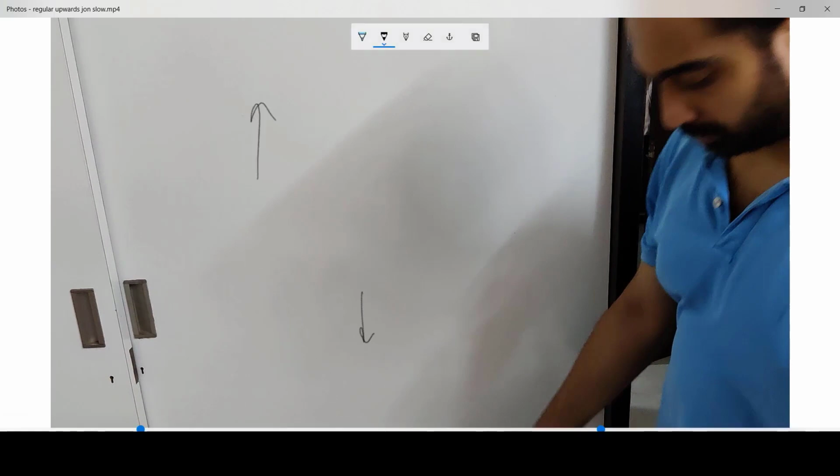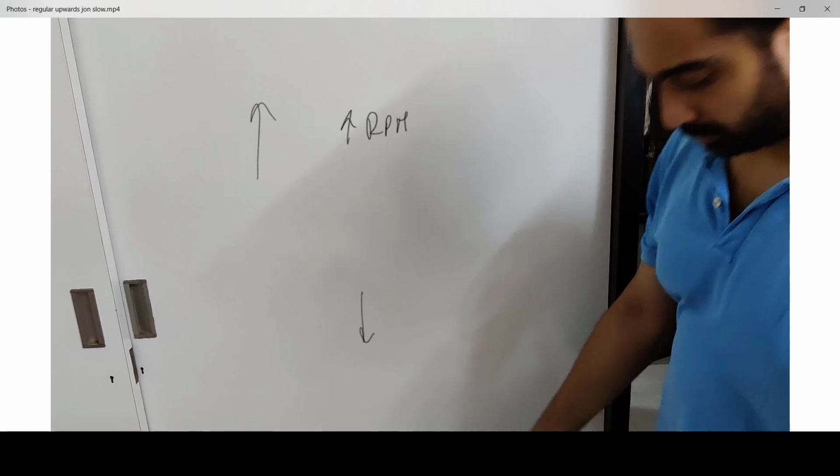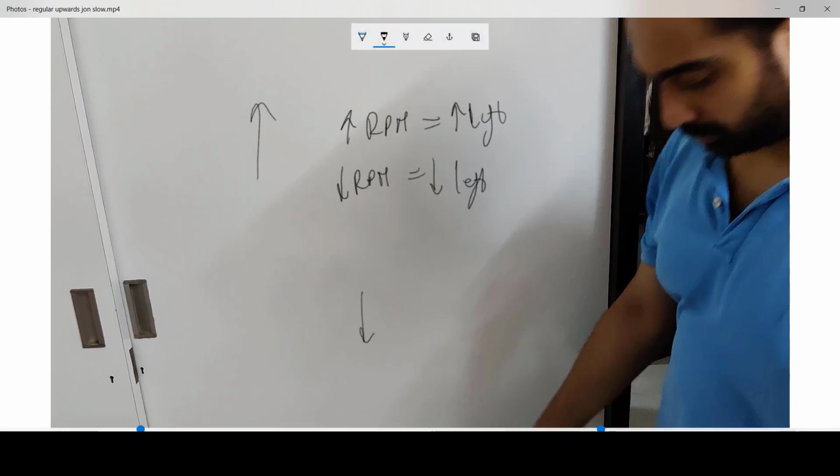And this basically proves this concept that a higher RPM equals more lift and a lower RPM equals less lift. Now this is a very simple concept you need to understand when it comes to propellers, because when you're working with drones and propellers, at the end of the day, the motors are the key element.